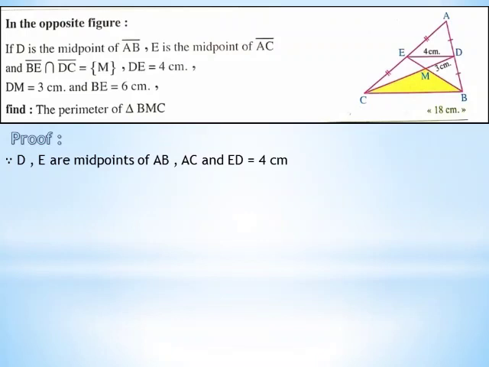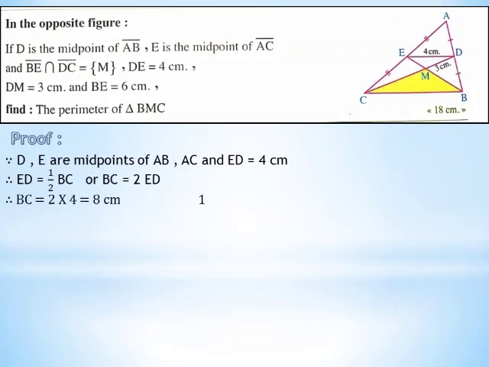So if ED is 4, BC equals what? ED equals half of BC, or, for the bigger side, BC equals 2 times ED. So BC equals 4 times 2 equals 8.